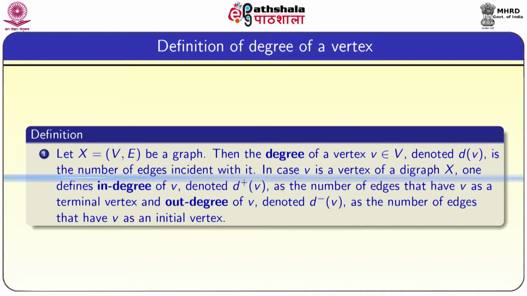In case v is a vertex of a digraph X, then we define the in-degree, denoted as d plus of v. It is the number of edges that have v as a terminal vertex. Out-degree of v, d minus of v, is the number of edges that have v as an initial vertex, that is, the number of edges which are coming out of v.